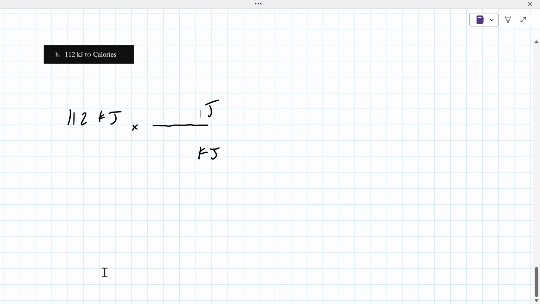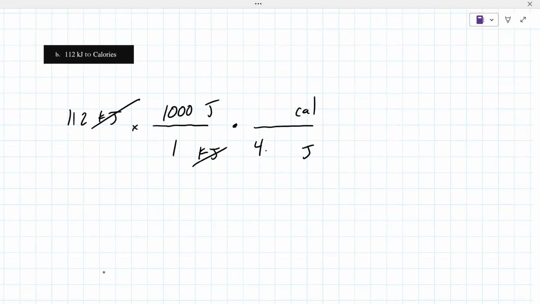Yeah, 1,000 joules are in 1 kilojoule. Very good. Now we've got the right units. You can cross them out as you go or at the end. And then there's a conversion from joules to calories. It's 4.187 joules in 1 calorie. So I multiply 112 times 1,000, then divide by 4.187? Exactly. And you're going to go to 3 significant figures. Got it.